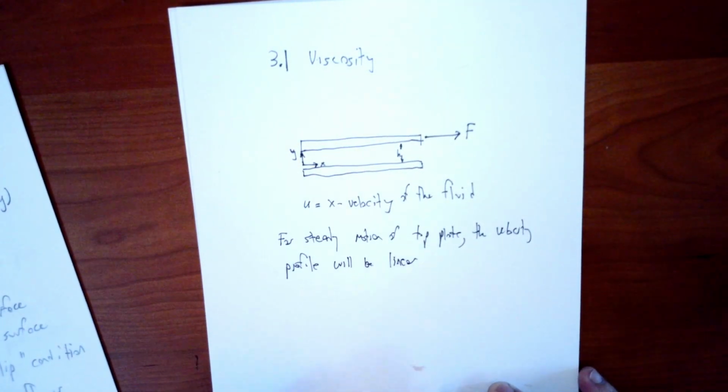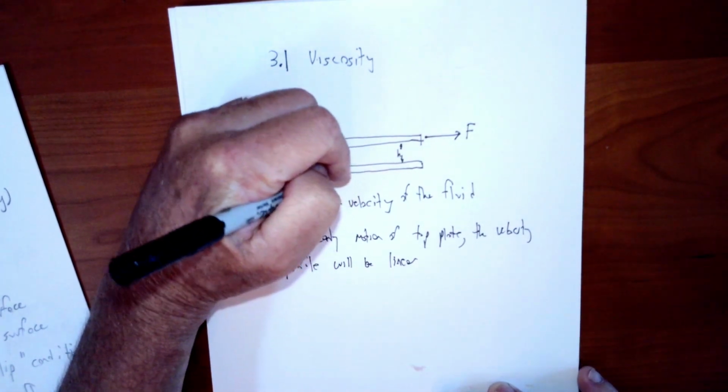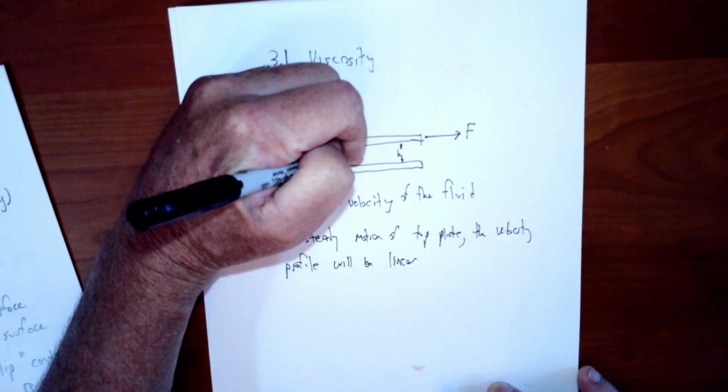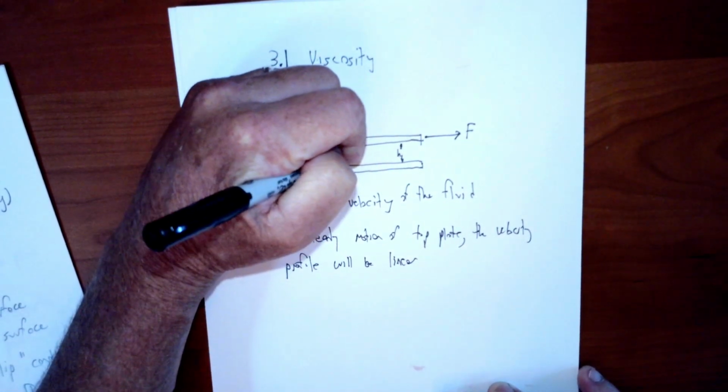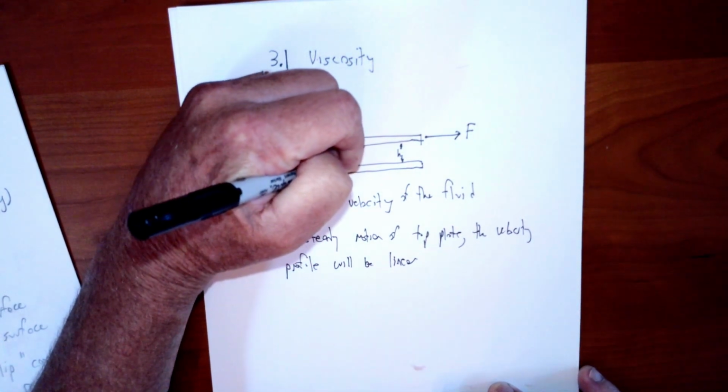So what that means is that the velocity at the bottom is going to be 0 because this plate isn't moving. And then at the top, the plate is going to have some velocity. Let's say it's this amount. I'll draw it here. And in between, it's just simply a linear relationship based on position.